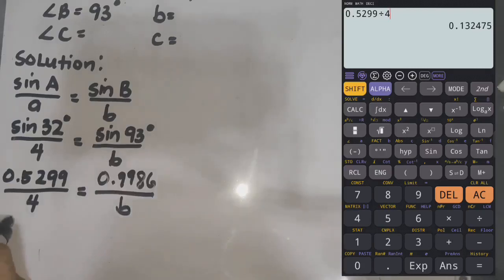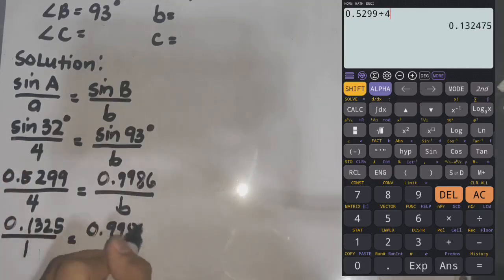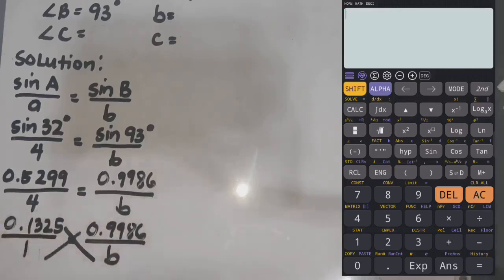So, the answer is 0.1325 over, so magiging 1 na lang yung 4 kasi dinivide natin yung numerator and denominator by 4 equals 0.9986 over B. Then saka tayo magko-cross multiply.